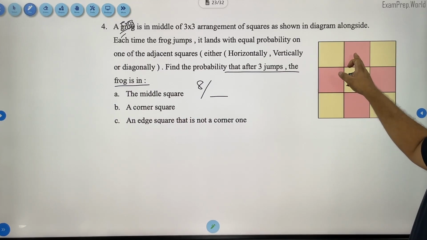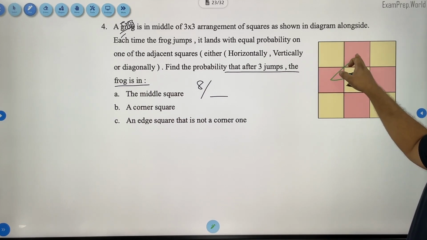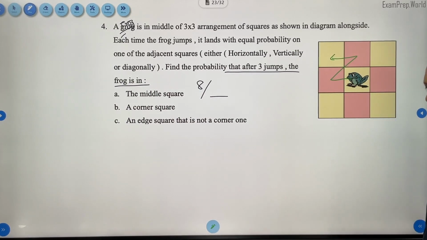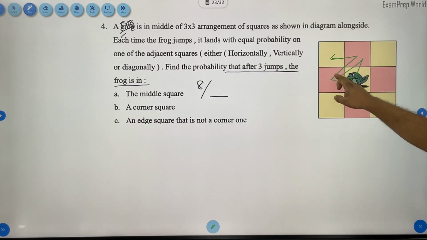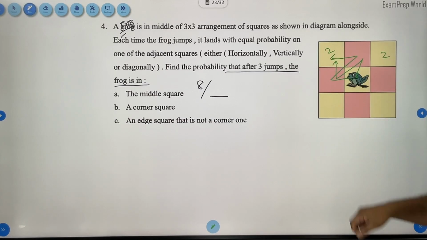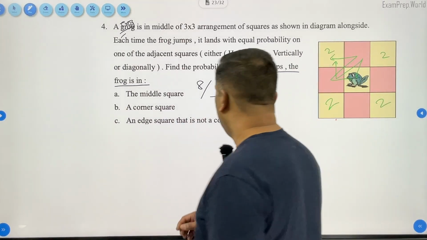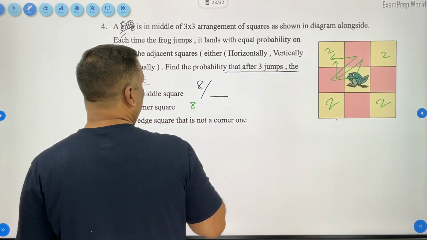So he can go like this, or he can go like this, because he has to jump 3. 2 ways here. Similarly for this also, 2 ways he can reach here, 2 ways he can reach here, 2 ways he can reach here. Figure out. So now reaching a corner square is also in 8 possible ways.